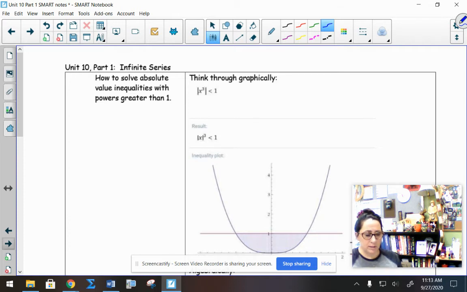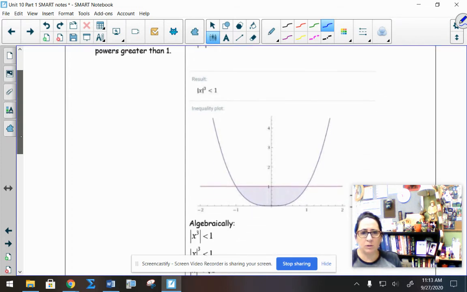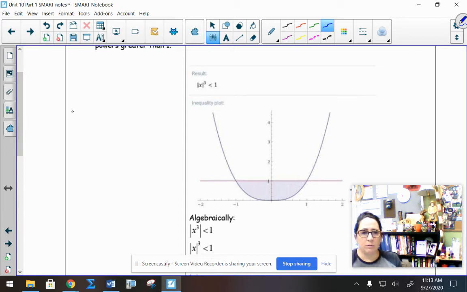So it looks like a parabola, but it's going to be more flat towards the vertex. If I said, where is this less than 1? Again, there's my 1, and I want to look on this interval, which occurred between -1 and 1. So that's one way that I could look graphically at this cubic and find it.